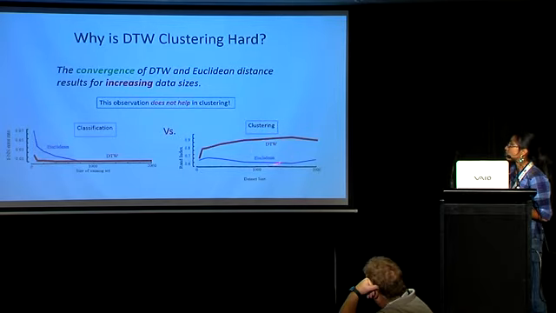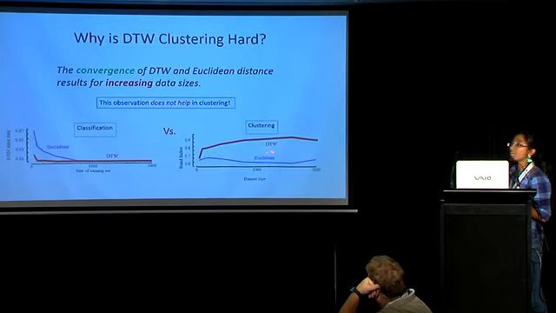But the same observation is not true for clustering. To show that, on the right we do another experiment on the same data and perform clustering. The blue line shows the clustering quality using Euclidean distance, and the red one on top is dynamic time warping.